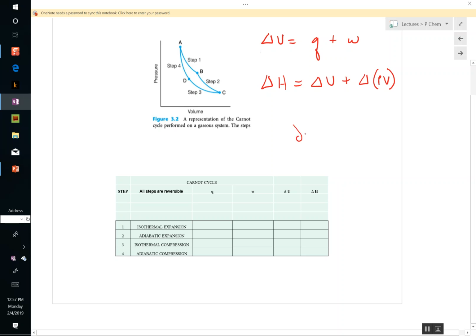The author points out that the partial of internal energy with respect to volume at constant temperature is equal to 0. We won't try to prove or develop that right now. So what does that tell us? The change in internal energy with a change in volume at constant temperature is 0. So delta U is 0 for an isothermal expansion. Delta U is also going to be 0 for isothermal compression.